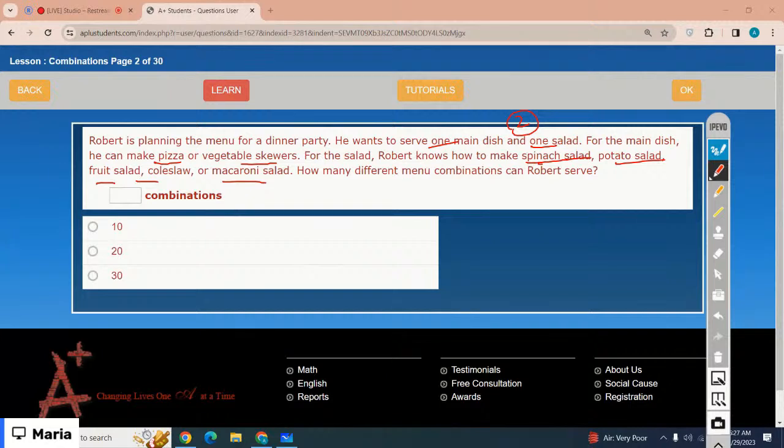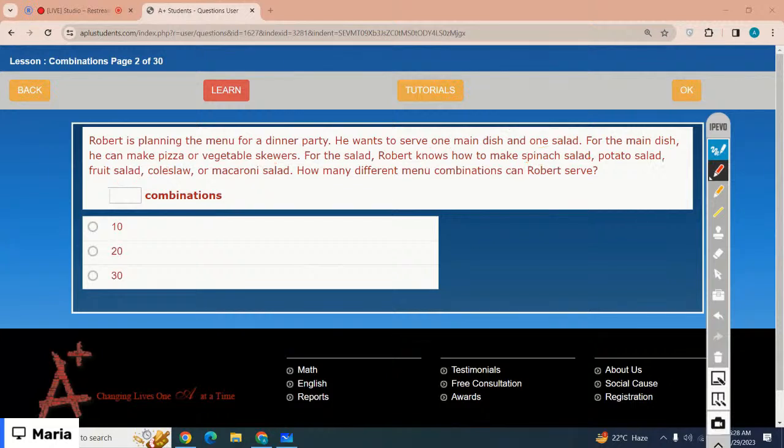Two choices for the main dish and five for the salad, so two times five.